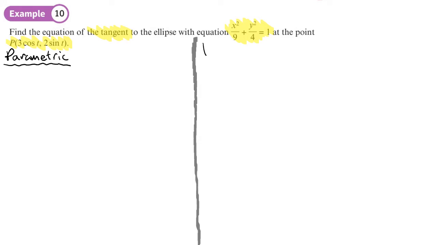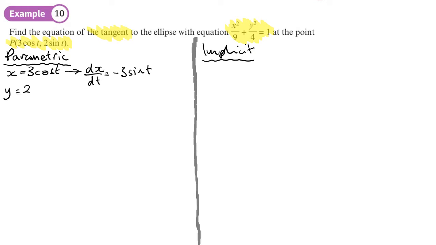So parametric over here, implicit over here. So doing it the parametric way, we've got x equals 3 cos t, which means that dx dt is going to be minus 3 sine t, and y equals 2 sine t. So dy dt is going to be 2 cos t.